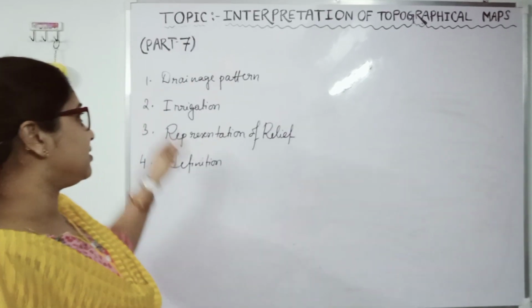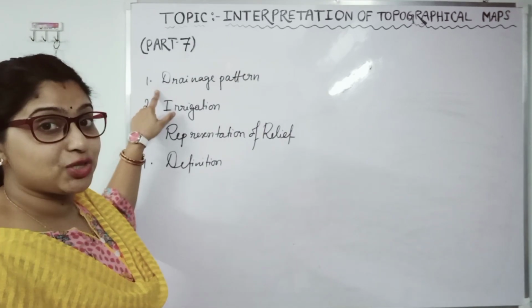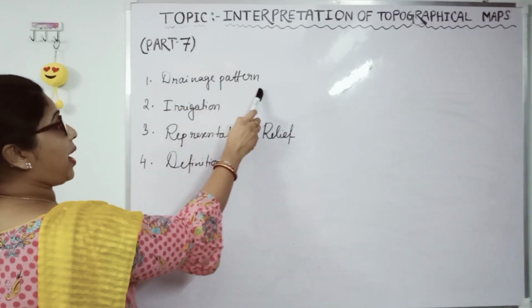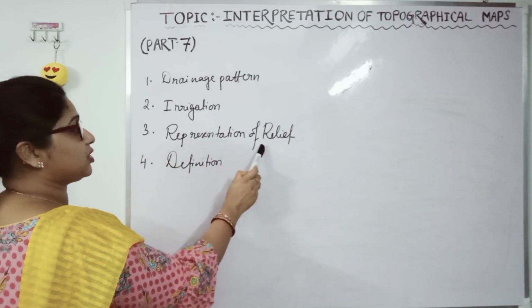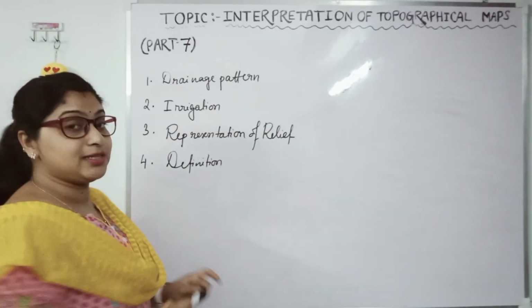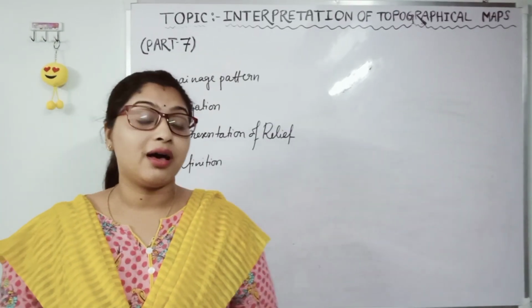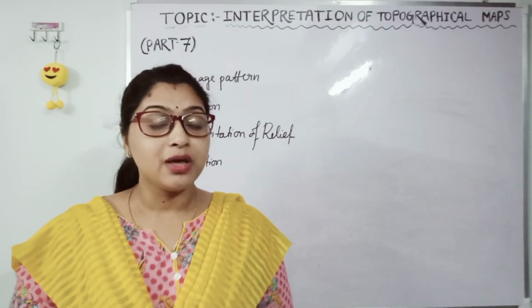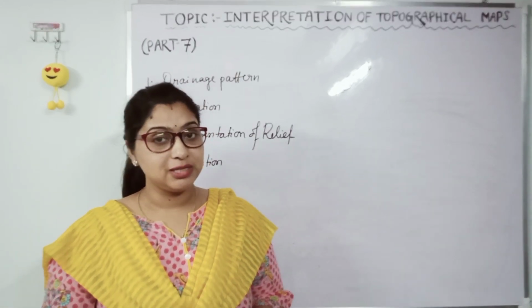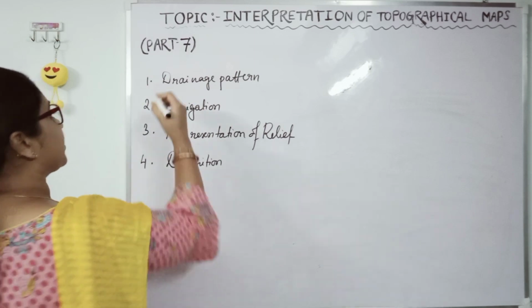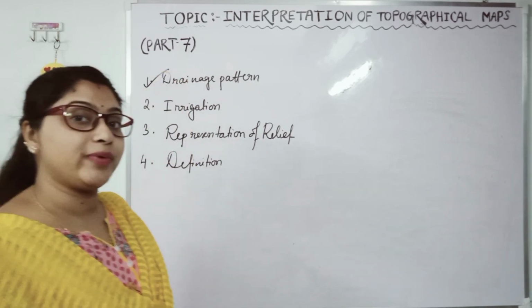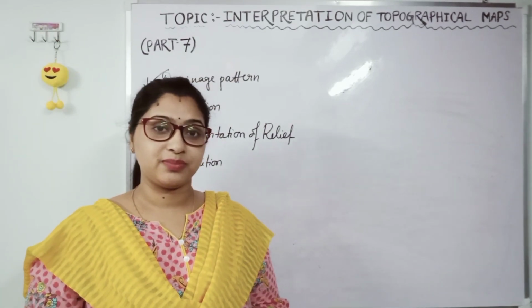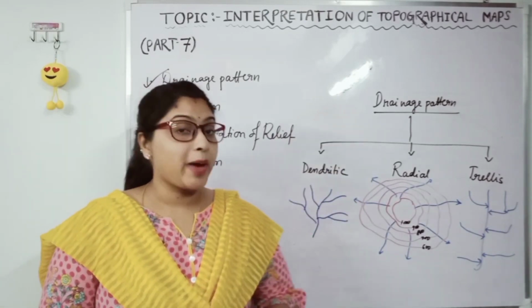So here today's topics of discussion are the drainage pattern, irrigation, representation of relief, and last is the definition of different important terms. First we will start with drainage pattern.